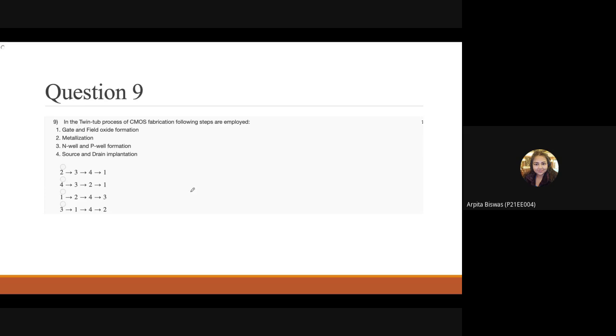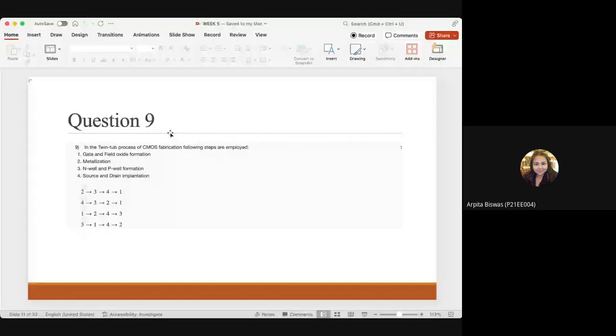Question number 9. In the twin-tub process of CMOS fabrication, the following steps are employed. First option is the gate and field oxide formation. Second is the metallization. Third, N-well and P-well formation. And fourth is source and drain implantations. So find out the correct order to fabricate this CMOS using the twin-tub process. Ma'am, fourth option.